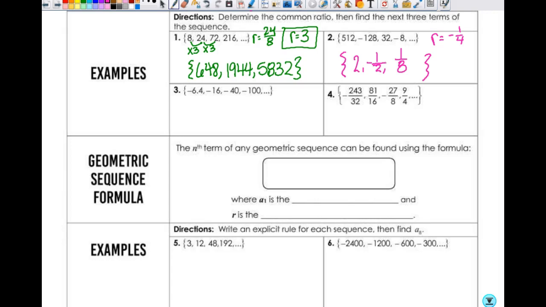So that's what I got. And if your signs alternate, then you know R is going to have to be negative because it's going to change the sign every time.